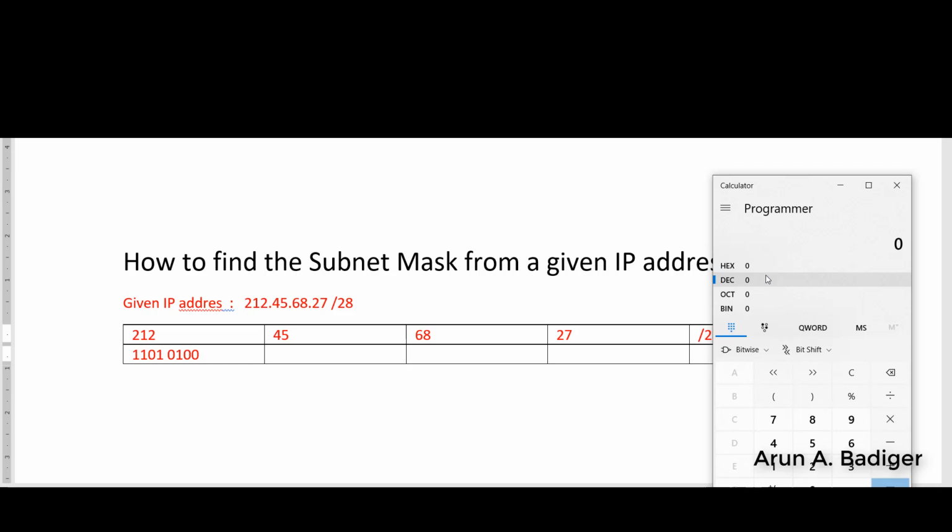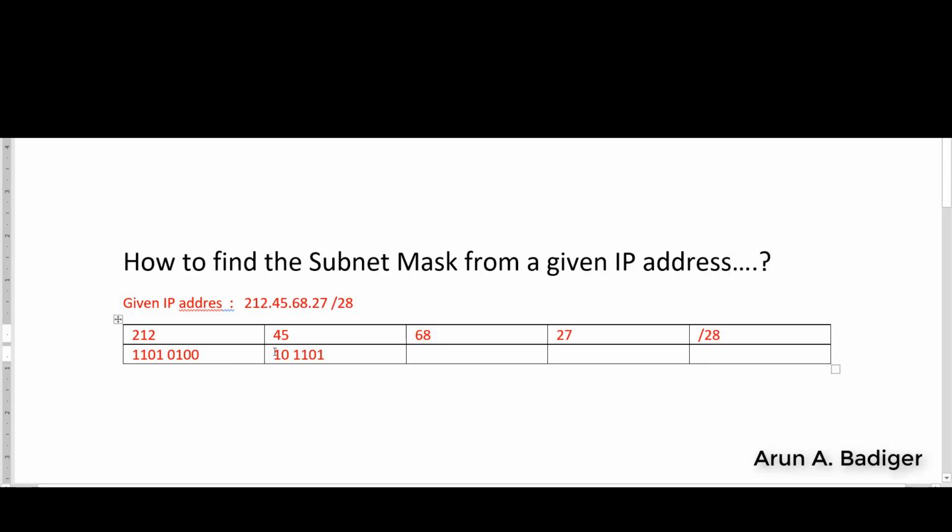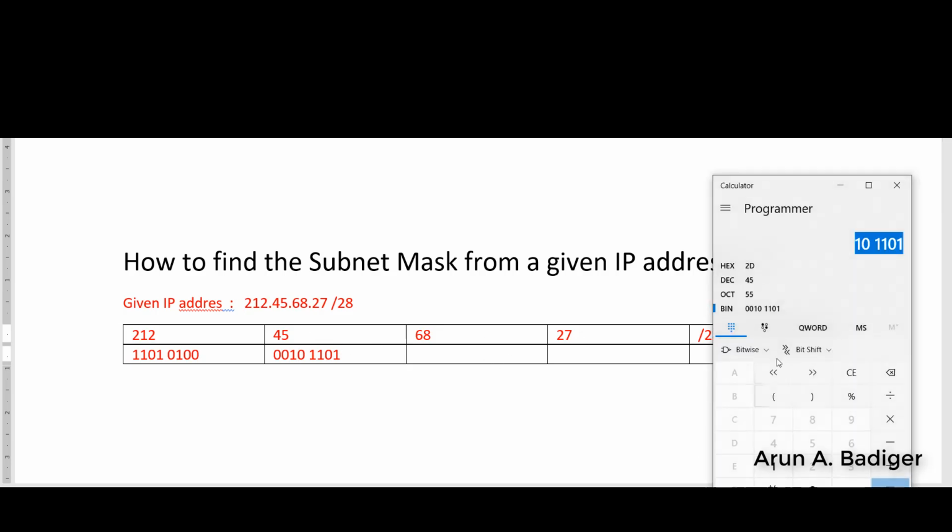Decimal number 45 will give me the binary value of this number. Here I have only two more entries. In every field I have to make it 8 bits, because it is a one byte value. 4 bytes will be there in an IP address. So next I will go for 68, and when I convert it into binary, I will get this value.